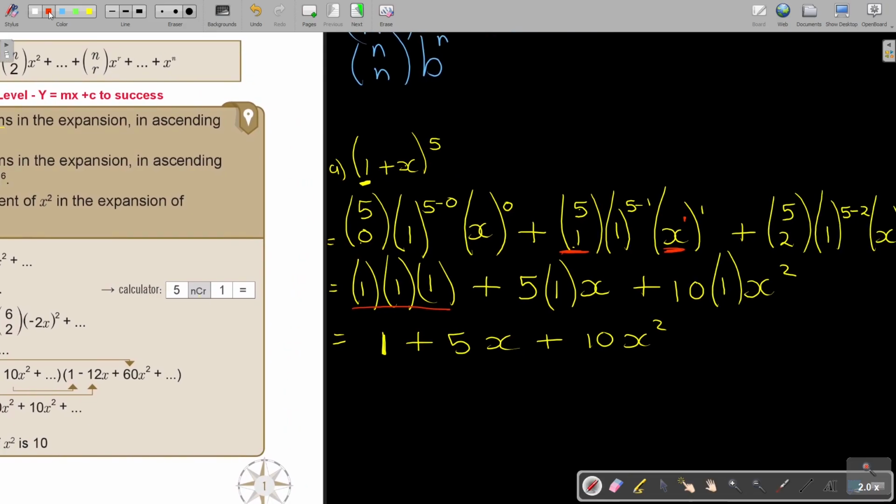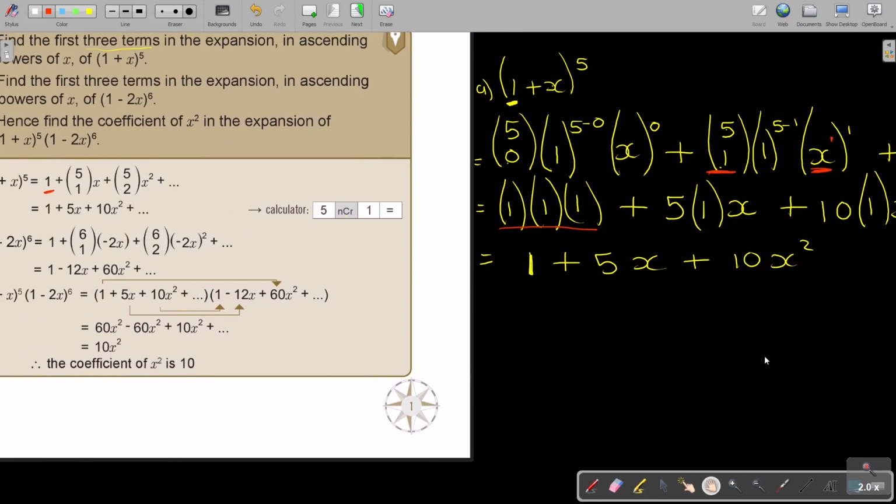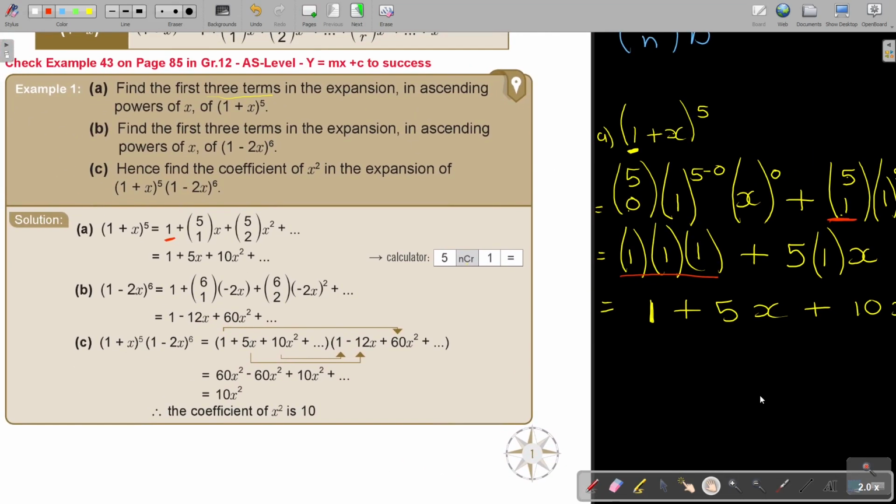And then I'm writing the 5 and the 2. I know that the first term will become 1, and this is x squared. So this is going to be 1, and if I simplify, 1 plus 5x plus 10x squared. So just remember the short way only if the first term inside the bracket is 1. But you can do the long way also.